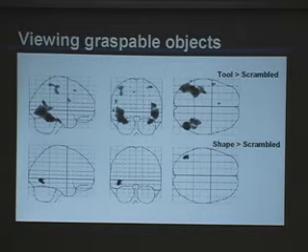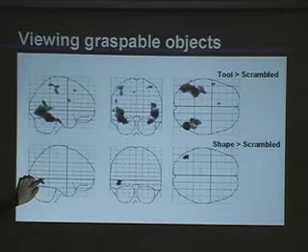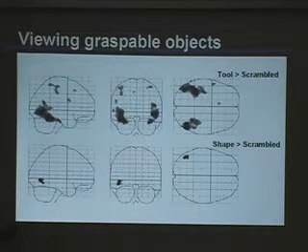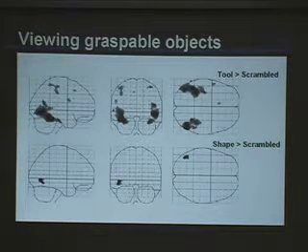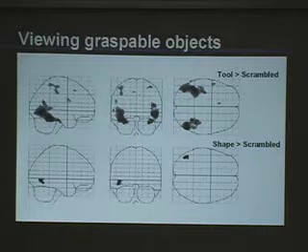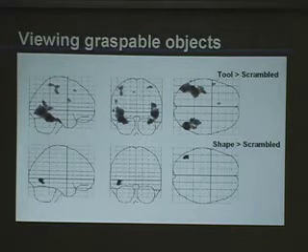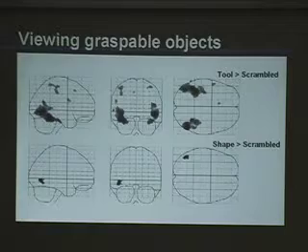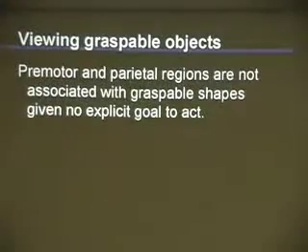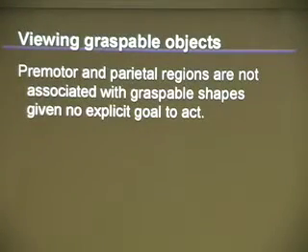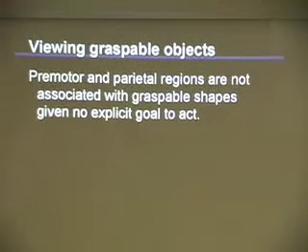But in the shapes, the only significant cluster of activation was here in an occipital region, which has been identified as this lateral occipital region associated with object recognition. So we answered our first question, finding that the premotor and parietal regions were not associated with graspable shapes, given that in this task the subjects had no explicit goal to act.